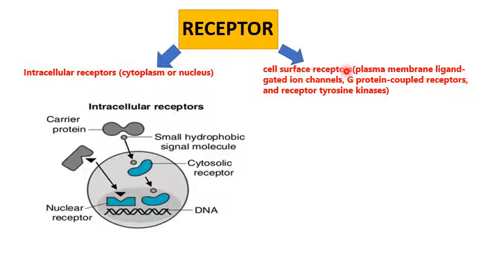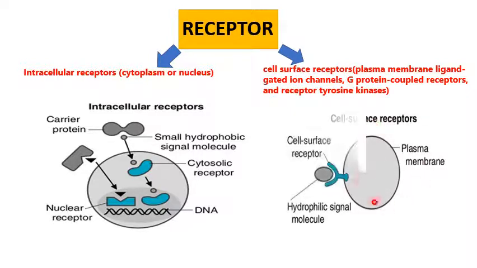And another type of receptor is called a cell surface receptor. Here you can see a picture of a cell surface receptor, and these receptors are present on the surface of the plasma membrane of the cell. As these receptors are hydrophilic, signal molecules bind to these kinds of receptors.